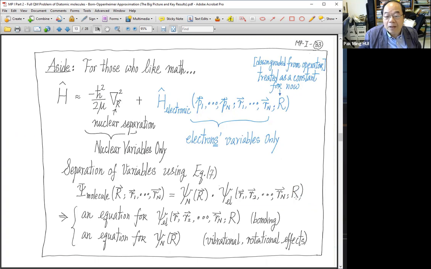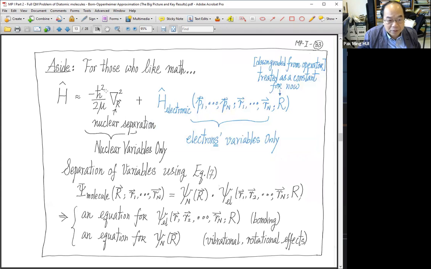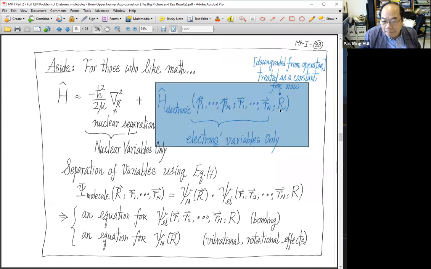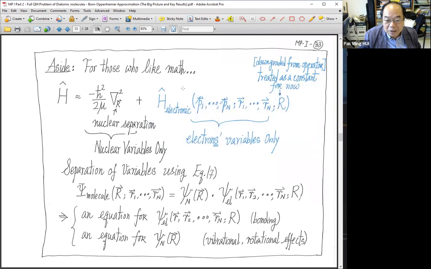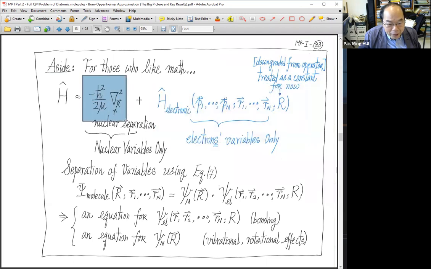Now, later on, when we have solved this blue colored problem, the electron Schrödinger problem, we will come back to the full Hamiltonian and put in this term again. So now the idea is something like this. If I downgrade all the things about nuclear coordinates here to a number, the problem becomes electrons only, and this is nuclear only.